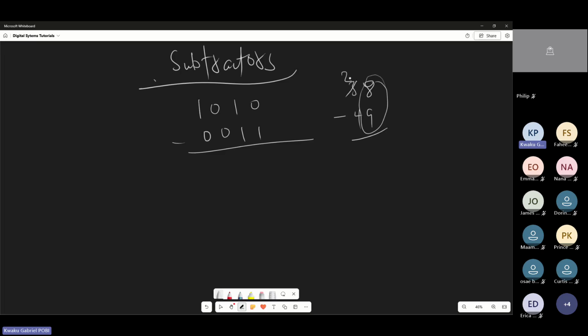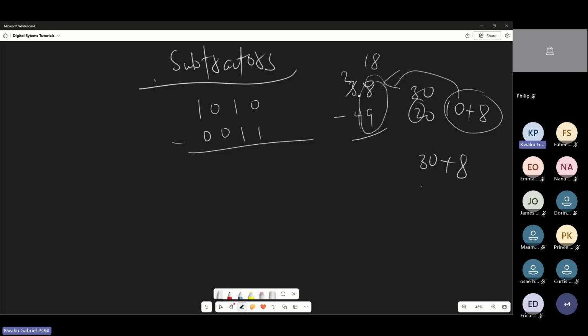You take 1 from here, but here it's seen as 30, so you borrow 10 from this to make it 20. So it will be seen as 2. You add the 10 you've borrowed from the 30 to the 8, because the place values here are 30, that is 3 tens, and 8 ones or units. So you borrow 10, then add it to the 8 here, making what?